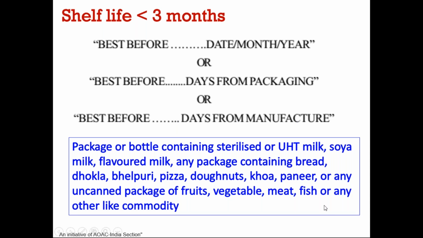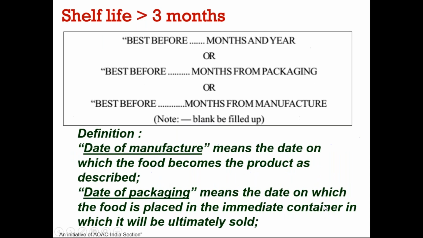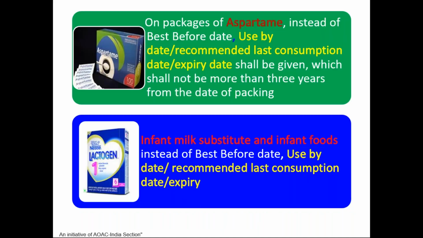When the shelf life is greater than 3 months, they need to give only the month and the year for best before of packing and manufacture. The definition in our regulation for date of manufacture, as I said, is the date when the food becomes a product, and date of packaging is when it goes into the container.